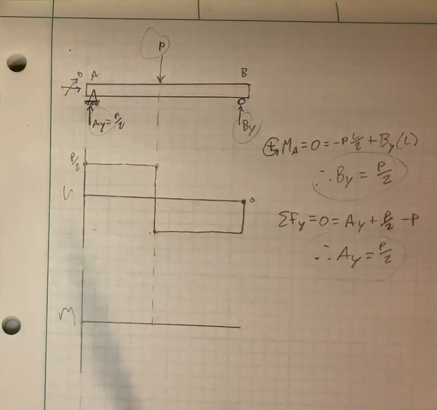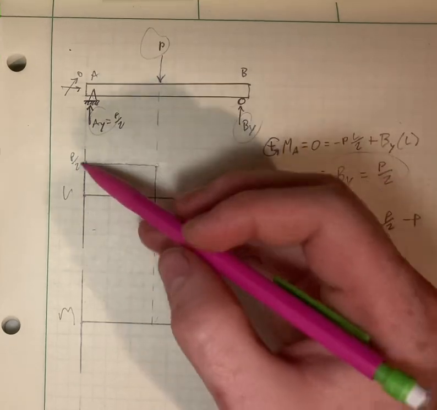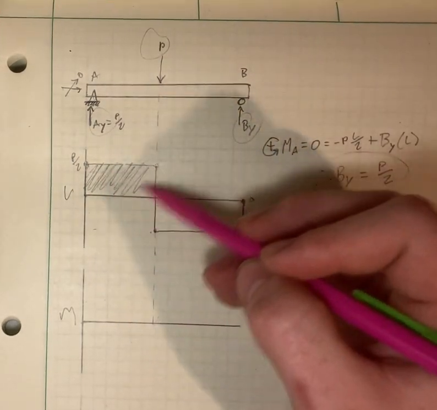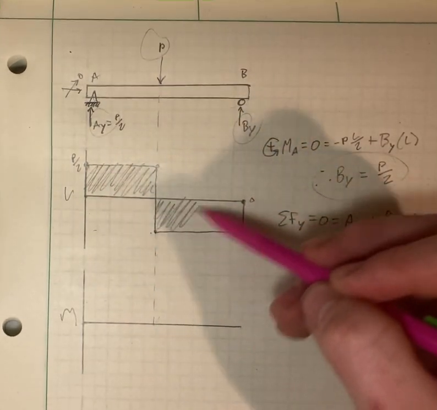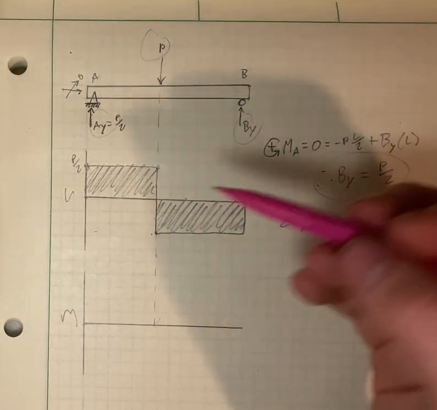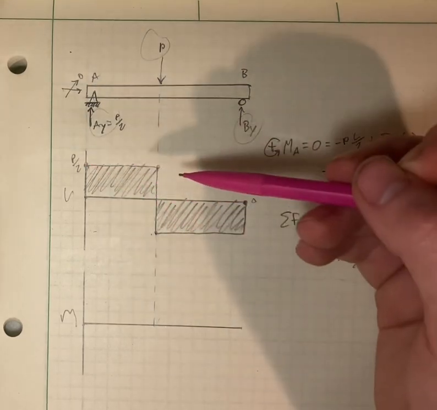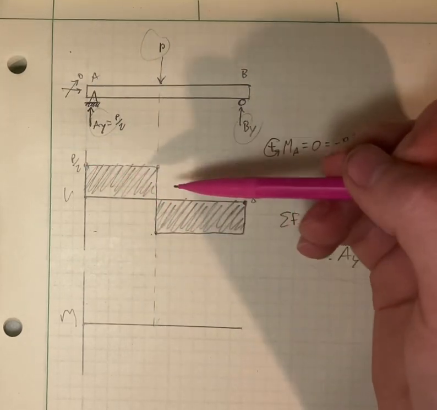Now, for the moment diagram, I'm just going to do it by looking at how this one looks. I think that's the best way to understand this concept. We got this area, which would be P over 2 times L over 2.